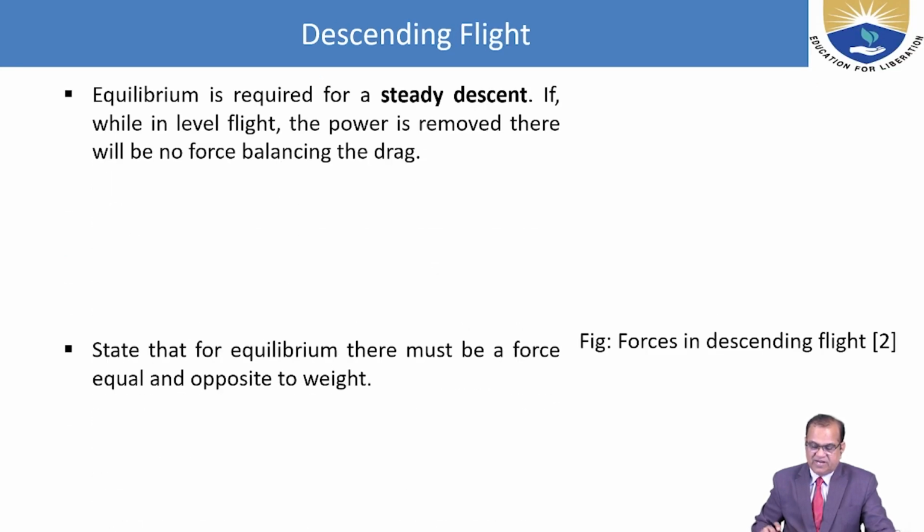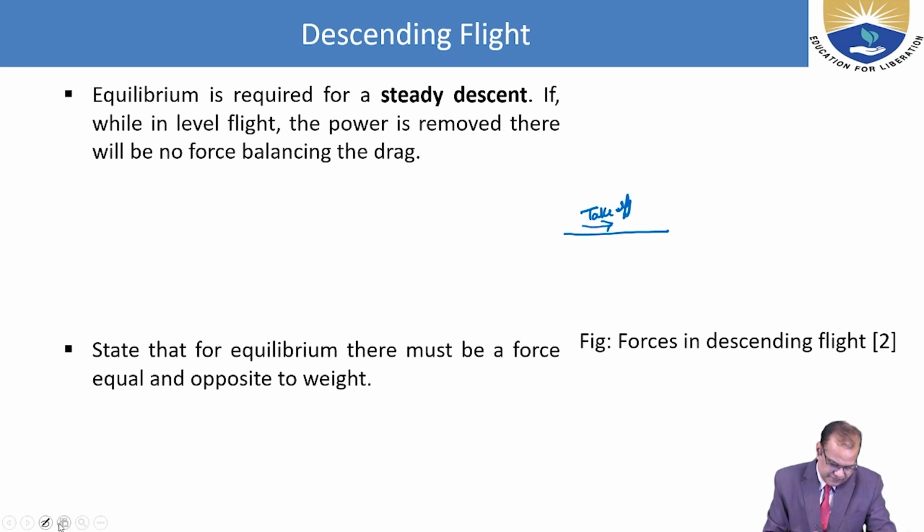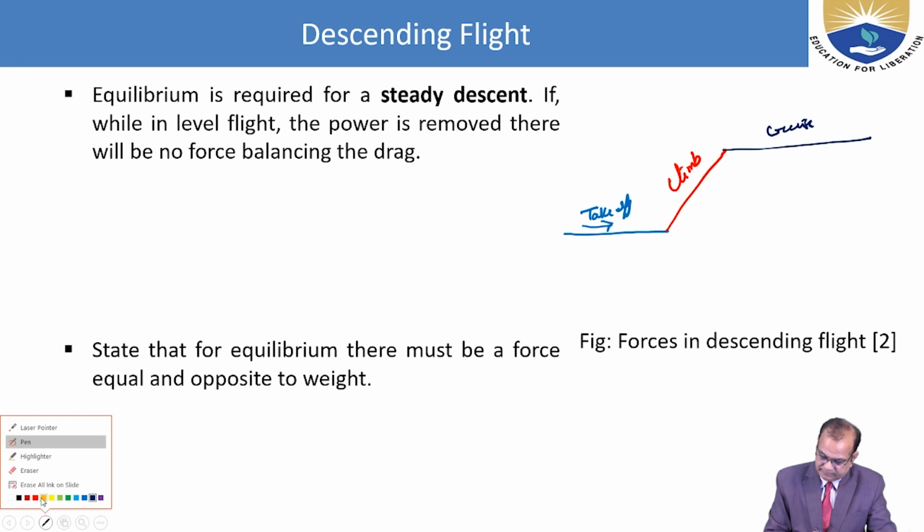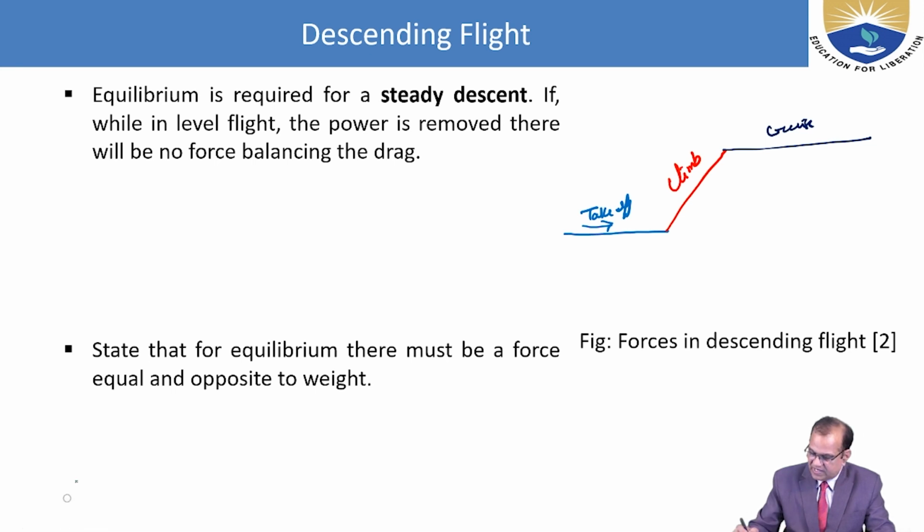Now I will discuss about descending flight. Means, if I talk about the phases of the flight, so this is the takeoff, this is the climb, this is the cruise, if you see here, this is the descent here, loiter, and then it is landing.